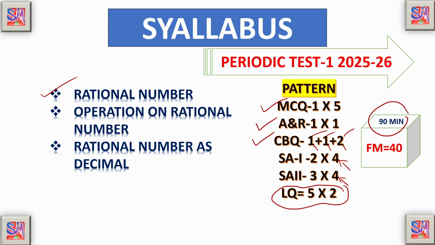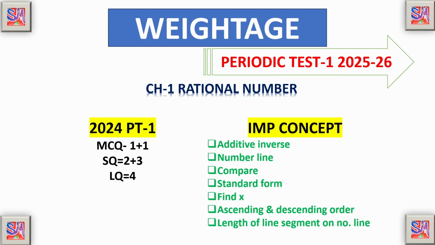Now, what is the weightage of chapter 1, that is rational numbers, in periodic test 1? In the previous year 2024 at DAB Public School Raja Bagicha, 2 MCQs came from this chapter, and one 2 mark question, also one 3 mark question, and 1 long question. Okay.